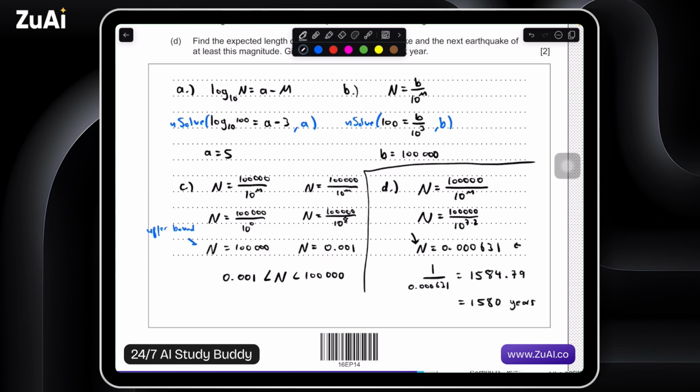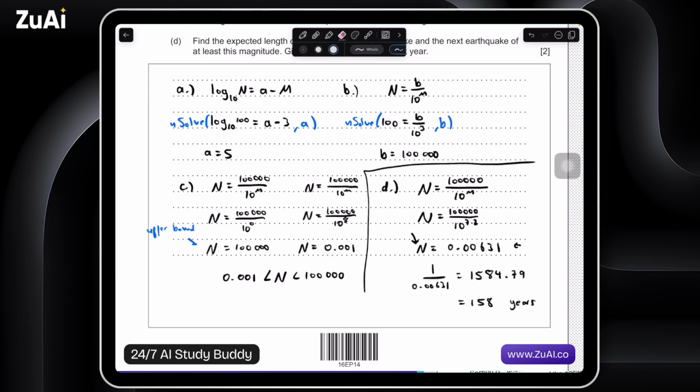Let me just see if this is all correct. 100,000 divided by, whoops, sorry, I think I forgot a 0 here. There shouldn't be so many zeros here. This should only be 0.00631, and in that case this would make it 158 years.